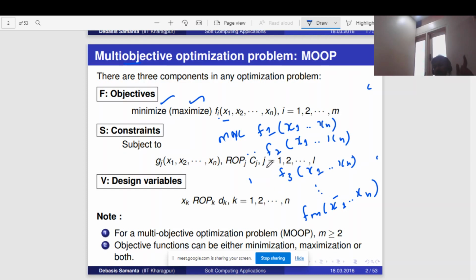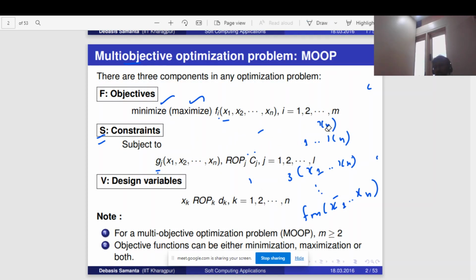But in case of a single objective optimization problem, we have only one objective function. Also there will be many constraints. For each of the functions there will be a different constraint, gj, and all these are on the design variables.